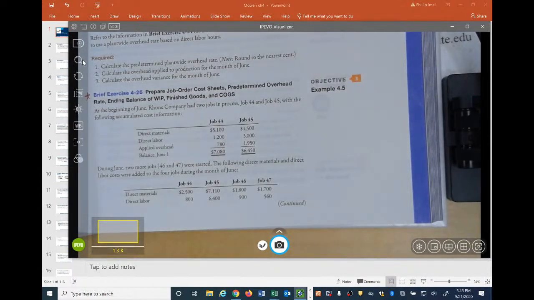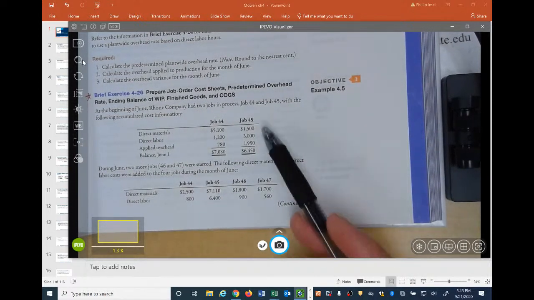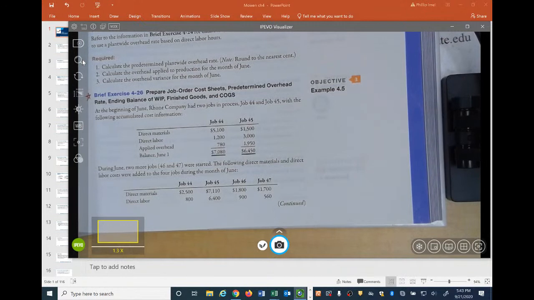So Job 44, we can see we have the direct materials, direct labor, so on and so forth. Job 45, same thing. It says during June, 2 more jobs, 46 and 47, were started. The following direct materials and direct labor costs were added to the 4 jobs during the month of June. We can see here on the bottom the relevant data.